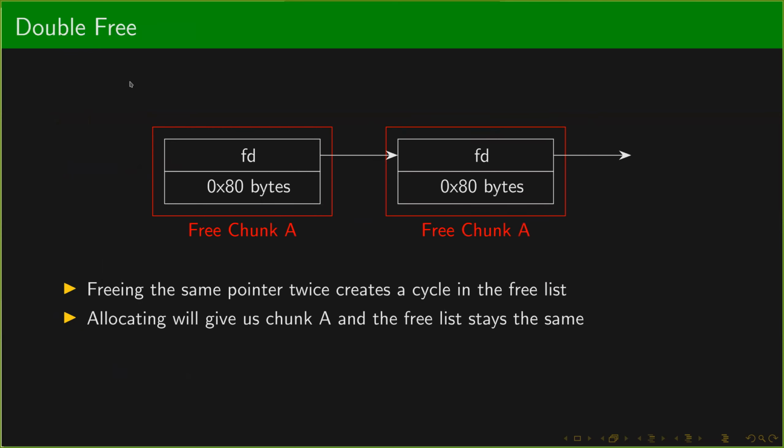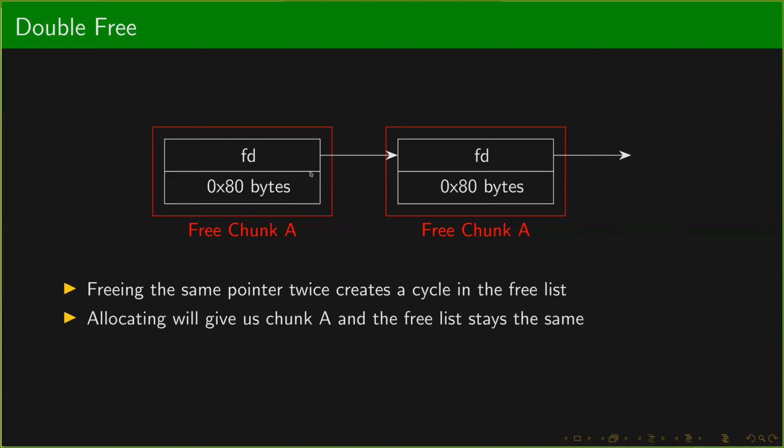So the idea here is that if you free some chunk A twice, then you get this chunk A twice in the free list, right? And if you think about it, this is creating a cycle in this linked list, because free chunk A points to free chunk A, which points to free chunk A, and so on.